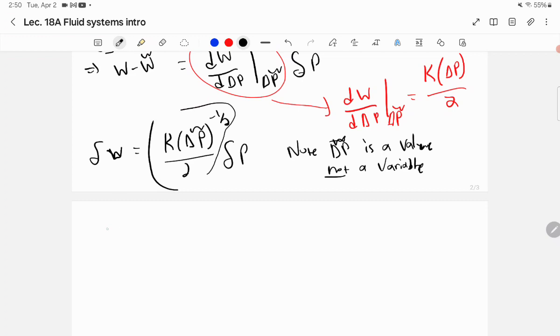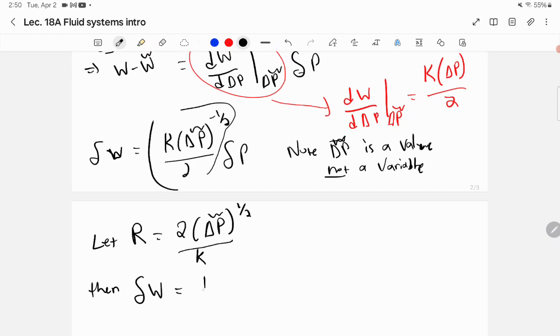So if we let r equal to 2 times delta p tilde to the positive 1/2, because I'm dividing by this, over k, then we get delta w is equal to 1 over r times delta p, or delta p is equal to delta w times r.